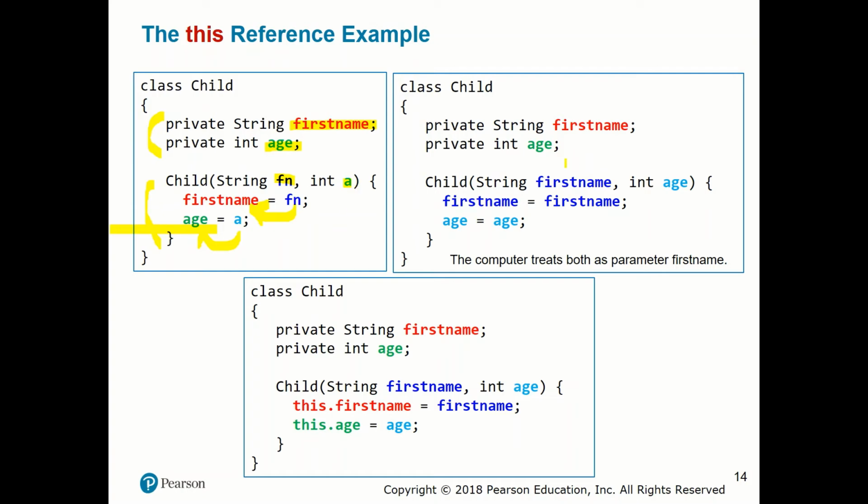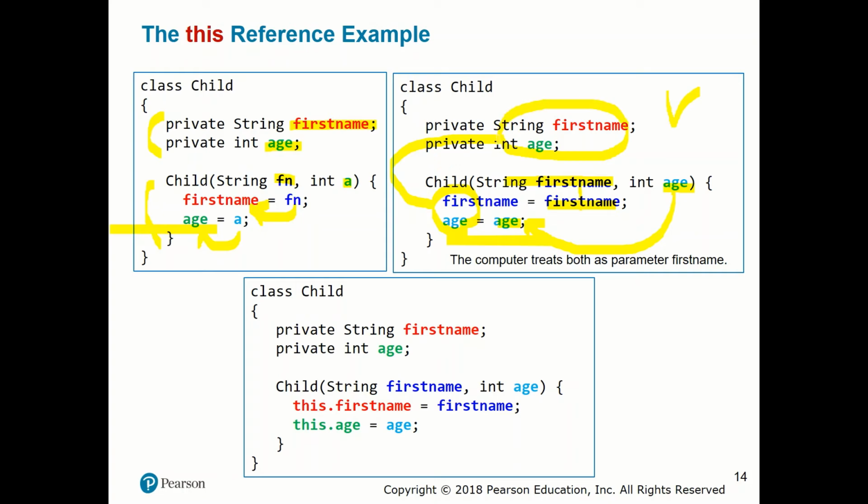So I changed the code like this. See, I used first name and age. My purpose in doing this is that this first name is from the parameter, right? This age from the parameter age. And this part, the left side of the assignment, is from the attribute.